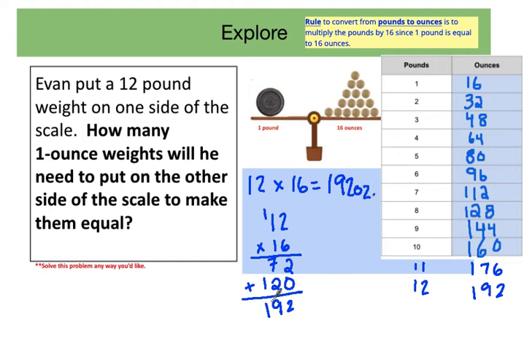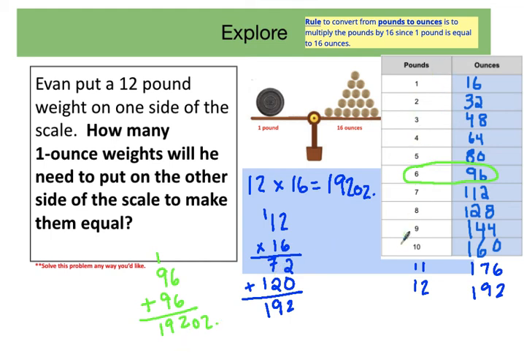Now, one final way that you could have solved this was by using doubling. If we knew that 6 pounds is 96 ounces, we could have just gone ahead and doubled 96 and gotten 192 ounces as well. So these are 3 different ways.